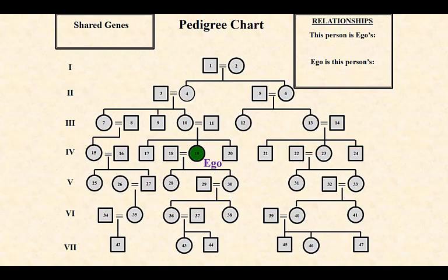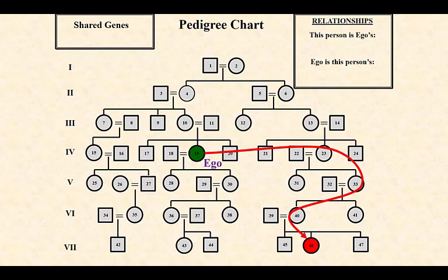Last example, we designate ego as 19 and ask the question, what's the relationship to individual 46? We see here that 23 is the second cousin of 19, and therefore their offspring will be 33 and then 40 and then again 46.